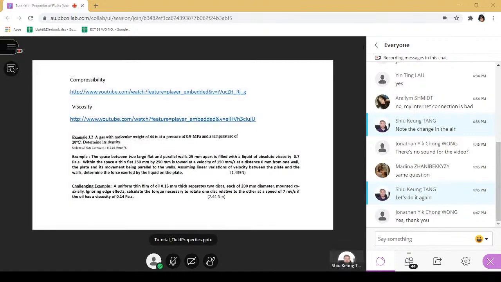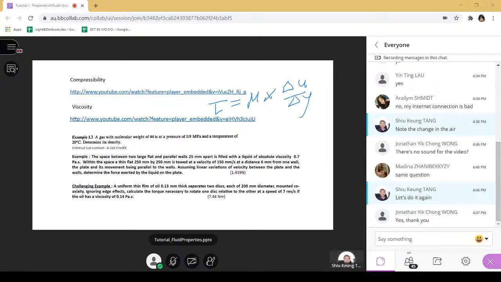Okay, so before I stop the second video, you see we have an equation there which helps us to calculate the shear stress, which is equal to mu times delta u over delta y.